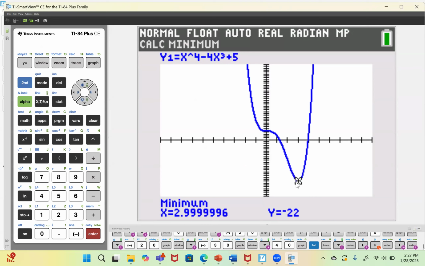From there, I'm going to say where my function is increasing and decreasing. My function is decreasing, and technically it levels out here and is constant for a moment, and then it keeps decreasing.